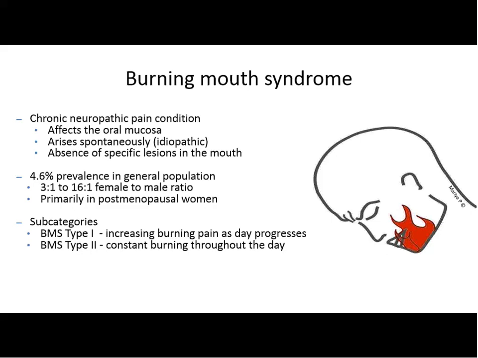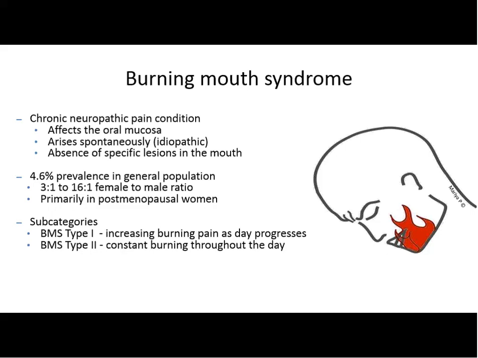So we study this only in postmenopausal women, and what was really interesting to me initially is that it's accepted in the literature that there are two types of burning mouth syndrome. BMS type 2 is most consistent with other neuropathic types of pain, where the pain is constant throughout the day, it affects their sleep, it's unrelenting, it's always there.